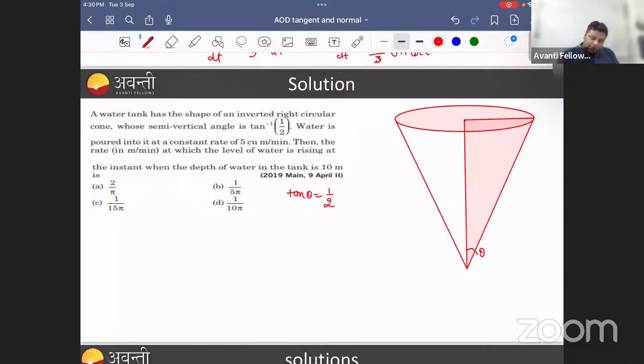Water is poured into it at a constant rate of 5 centimeter cube per minute. That means volume of the water is increasing. dV by dt is 5 centimeter cube per minute. Am I correct? Per minute is given, fine. Then the rate at which the level of water is rising at an instant when the depth of the water in the tank is 10. Now see, let us assume after some time this is the depth of water.